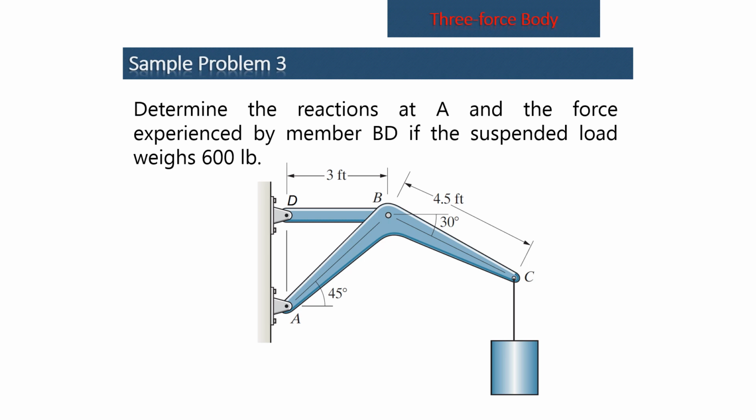And since points B and D can be connected by a horizontal line, the force along BD is horizontal. This is actually your bar or your short link. So what will we do? Instead of drawing the whole body diagram of ABC connected to BD, we would be drawing the diagram of ABC.